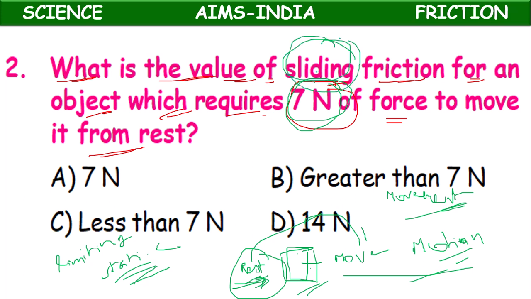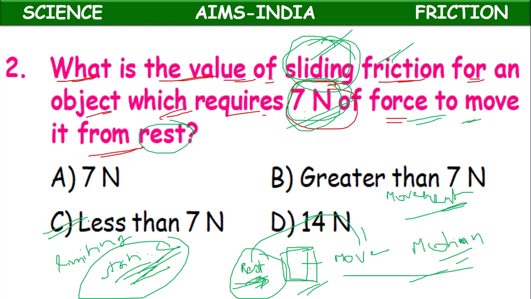This sliding friction is always less than the static friction. Here, moving it from rest to motion needs 7 newtons, which is equal to static friction. So sliding friction will be less than 7 newtons.